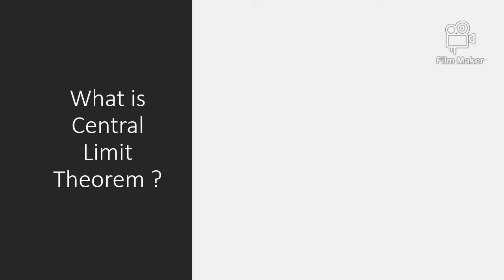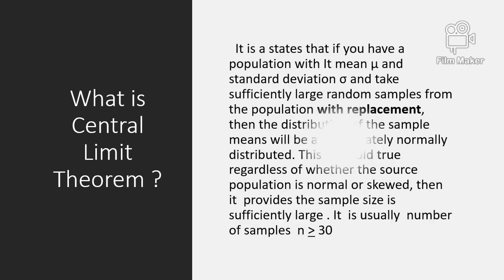What is the central limit theorem? It states that if you have a population with a mean, or the probability mean, and a standard deviation of sigma, and take a sufficiently large random sample from the population with replacement, then the distribution of the sample means will be approximately normally distributed.